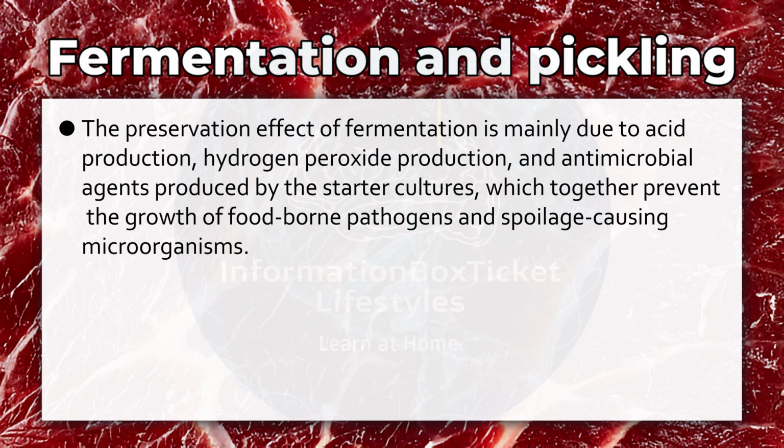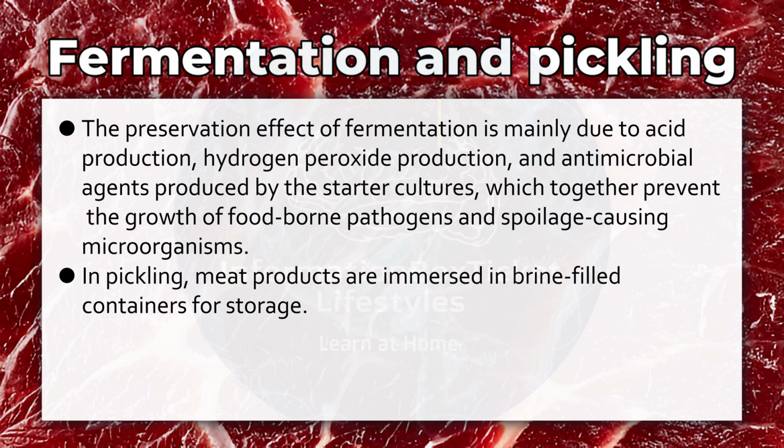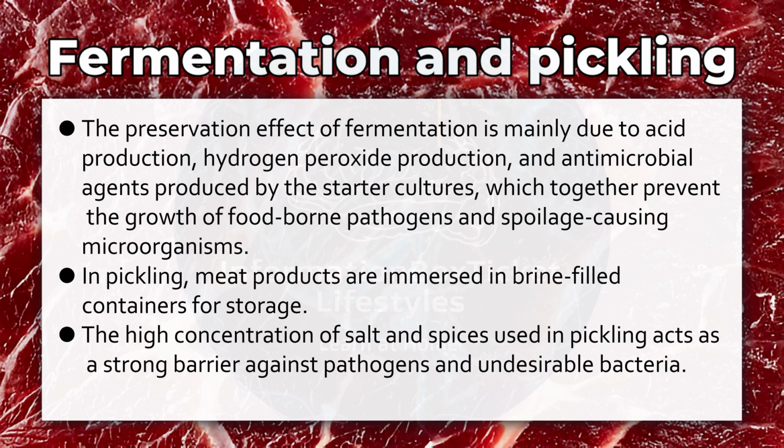The preservation effect of fermentation is mainly due to acid production, hydrogen peroxide production, and antimicrobial agents produced by the starter cultures, which together prevent the growth of foodborne pathogens and spoilage-causing microorganisms. In pickling, meat products are immersed in brine-filled containers for storage. The high concentration of salt and spices used in pickling acts as a strong barrier against pathogens and undesirable bacteria.